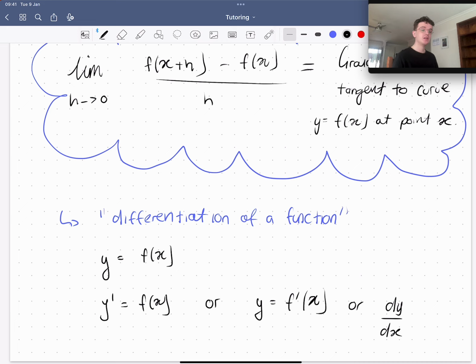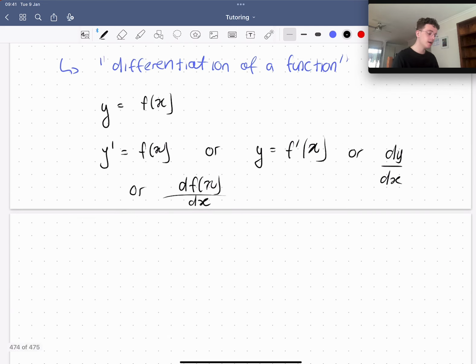Now, it's a bit funny with the pronunciations. We say dy dx. Or df of x on dx. It's a bit funny the way we say it, but it's just what's done. So the differentiation of a function of y equals f of x can be written as y dash of f of x, or y equals f dash of x, or dy dx, or df of x dx.